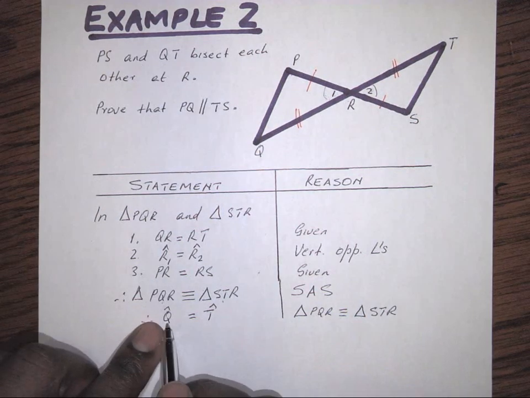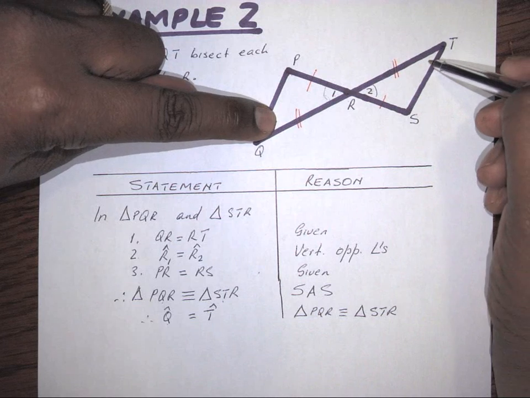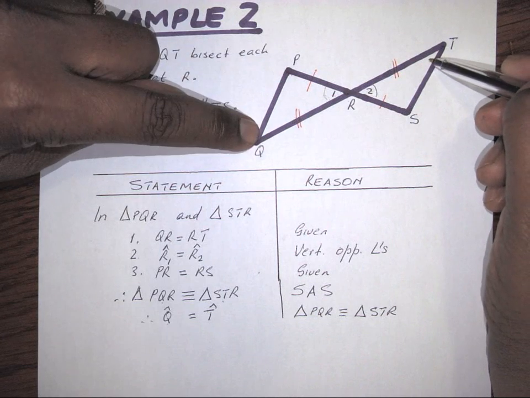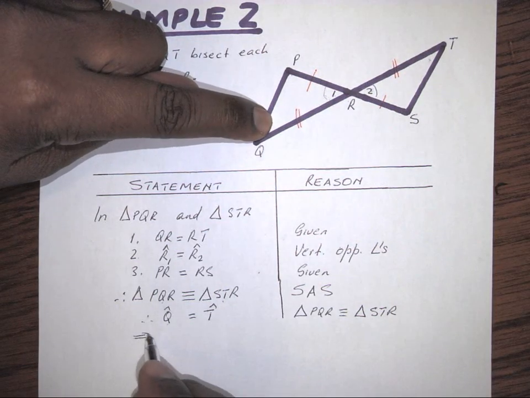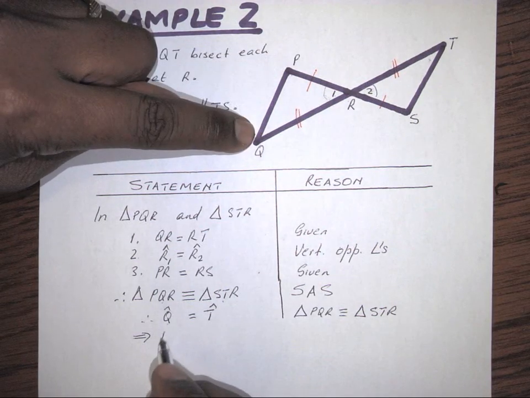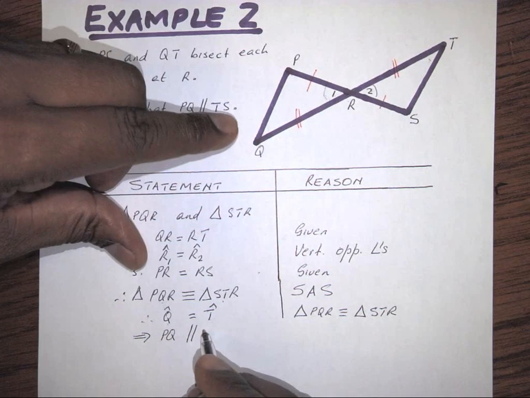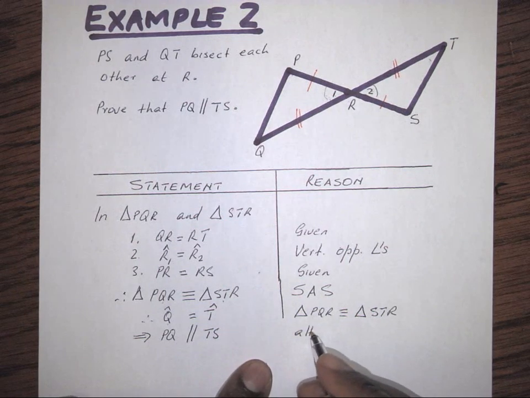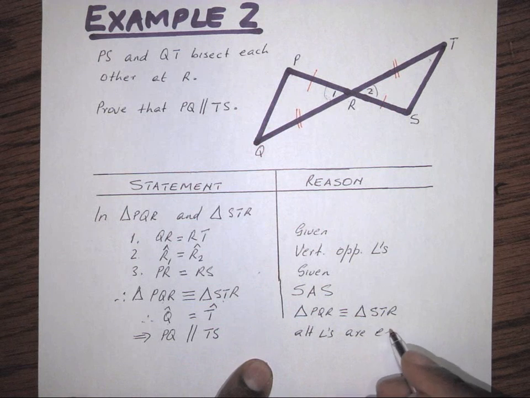Now since angle Q is equal to angle T, and those are alternating angles, it makes these lines parallel. So this line PQ is parallel to that line TS, because the alternating angles are equal.